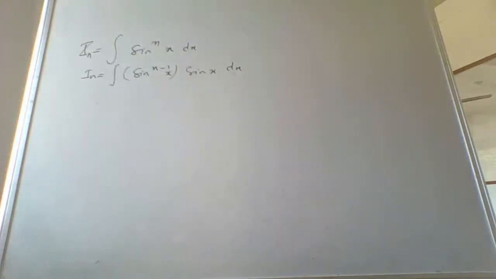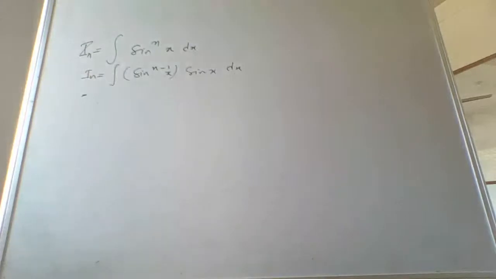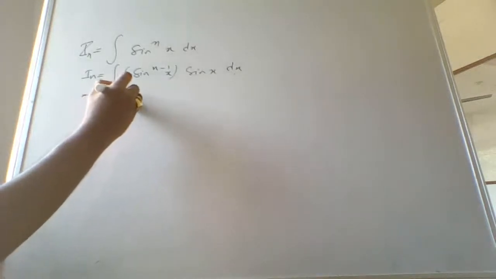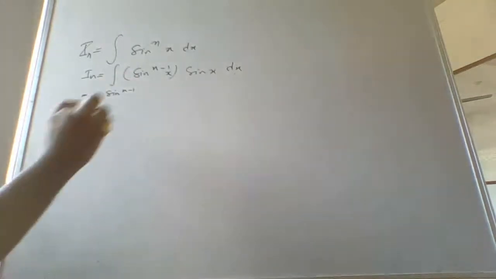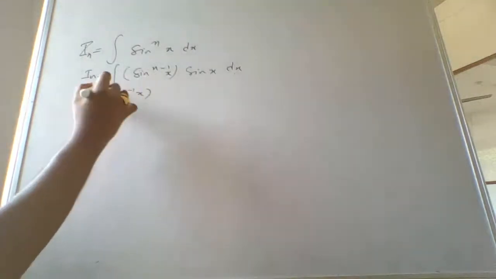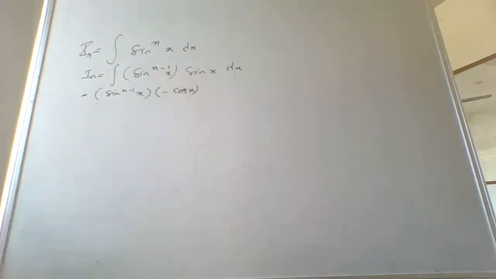Now let us use integration by parts here. If I integrate, this is sine n minus 1 x, and the integration of sine becomes minus cos x.